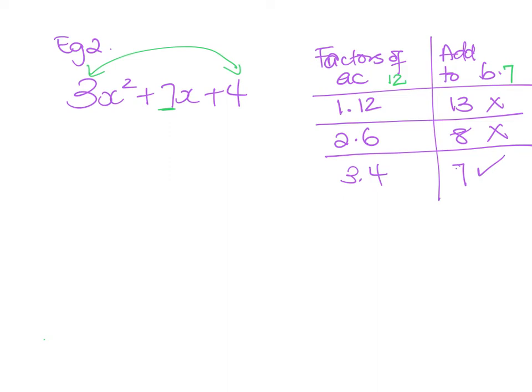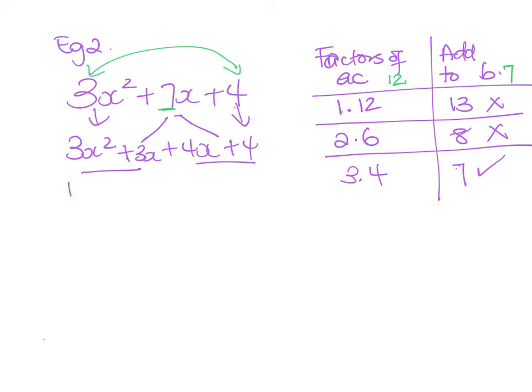The next step we bring down the 3x squared, and we now ungroup the 7x, so we get plus 3x plus 4x, and we bring down the plus 4. So these two are just coming down, and this 7x is splitting into 3x and 4x. Now we can factorize by grouping. So we look at the first pair, and we look to see what is the HCF there.